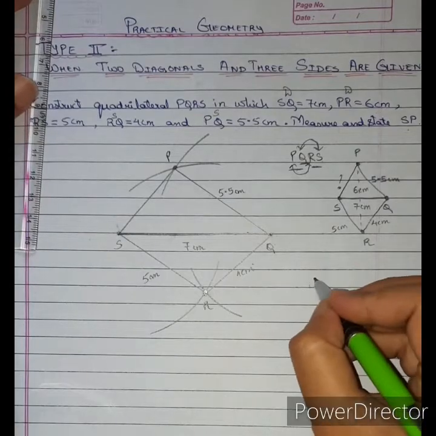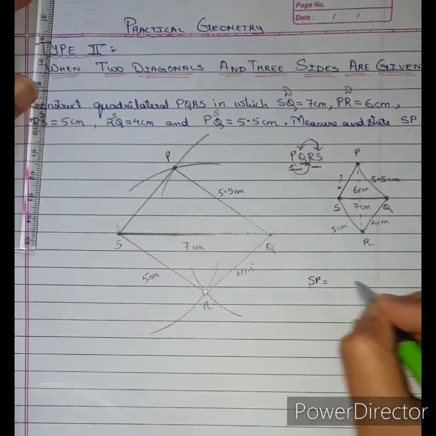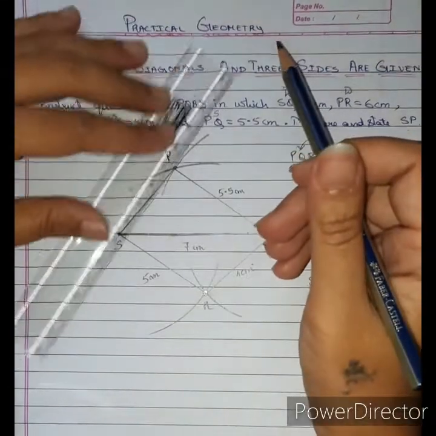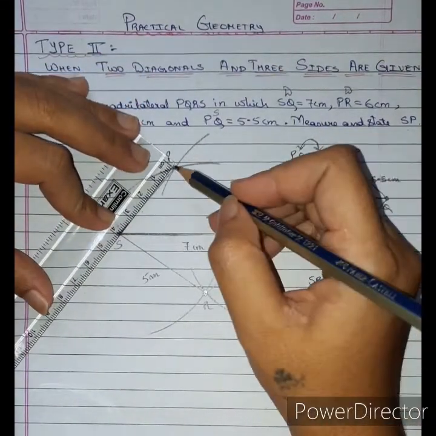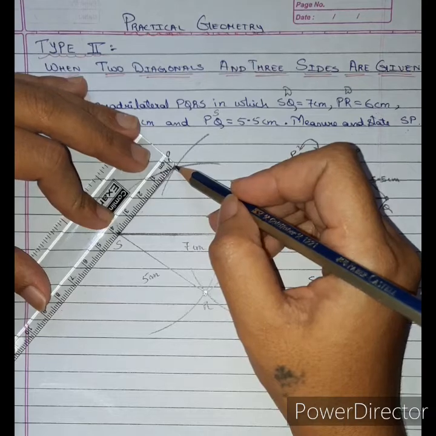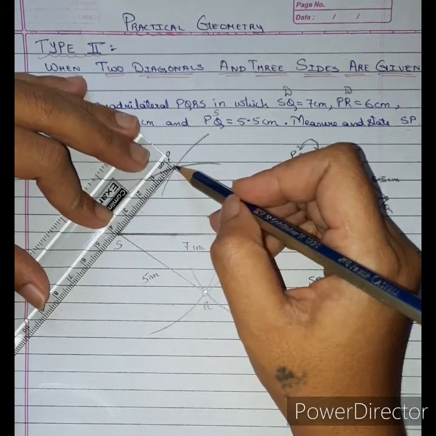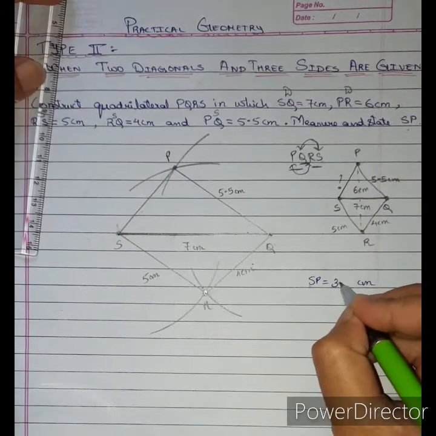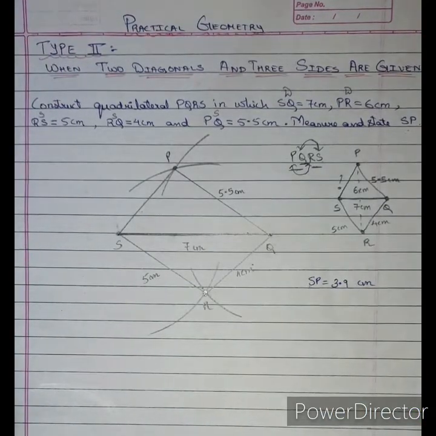So we will write here SP is equal to, let me measure it, is 3.9 centimeter. So I can write SP is equal to 3.9 centimeter.